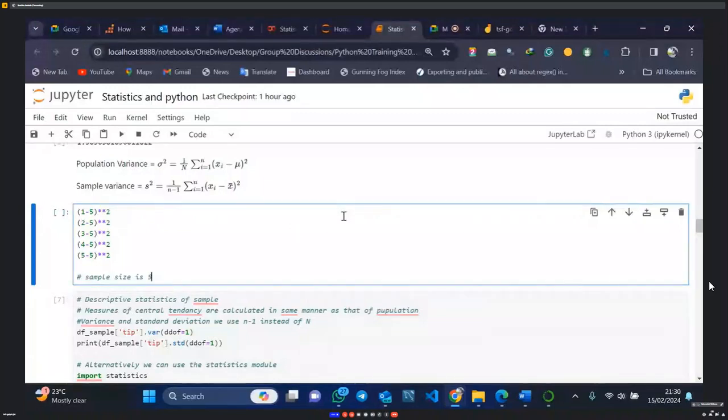Then divide that by 5. When you've done that, you divide it by 4, meaning n minus 1. That is what you'll get as the sample variance for a sample of 5 units.